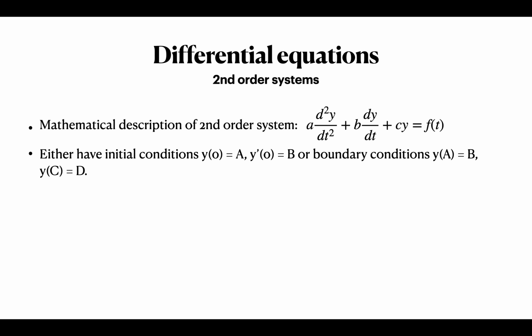And in the boundary conditions, you have the output y specified at 2 points in time, usually. So you have y at a, say, is equal to b, and you have y at c equal to d. Now, don't worry about this. I don't even want you to worry about the terminology, but you might hear it. When I was your age, I wasn't sure what the difference between an initial value problem and a boundary value problem is.